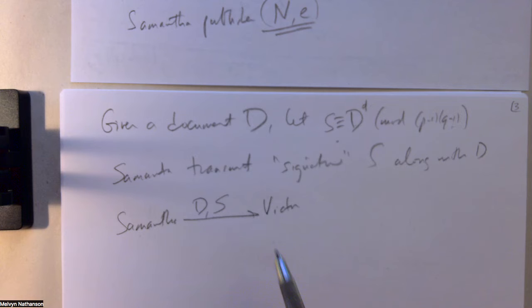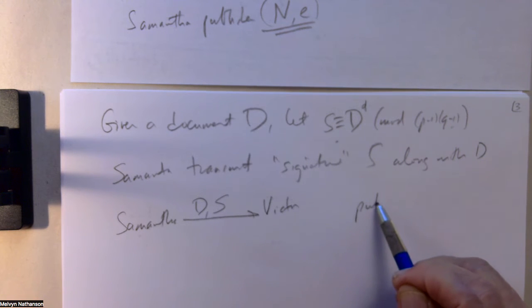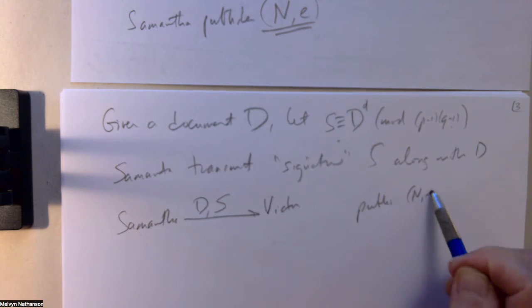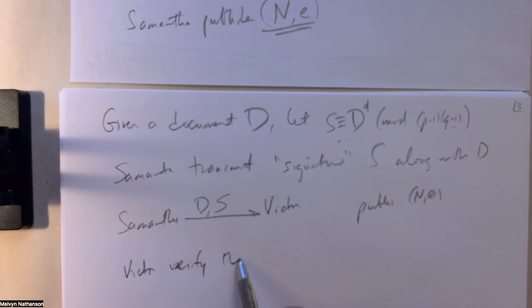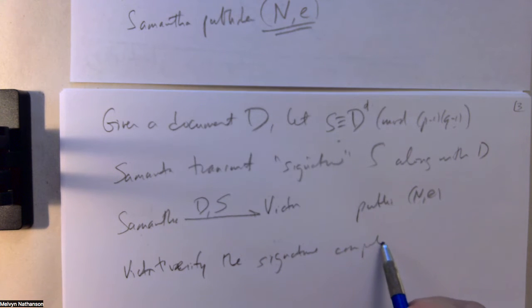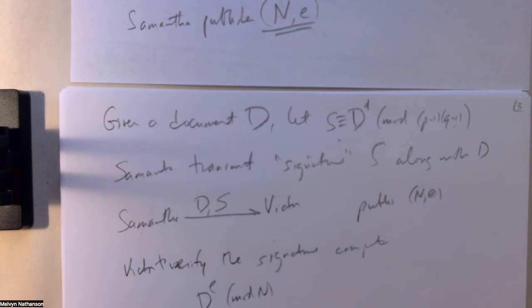So what Victor does, and remember, what was made public to the world was the pair N and E, to verify the signature, computes D to the power E mod N.